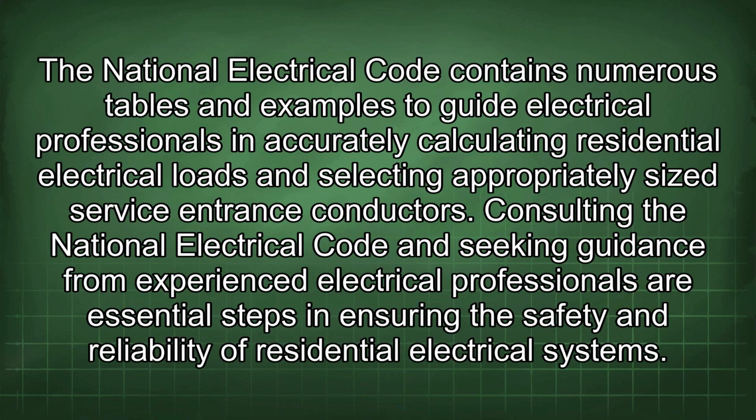The National Electrical Code contains numerous tables and examples to guide electrical professionals in accurately calculating residential electrical loads and selecting appropriately sized service entrance conductors. Consulting the National Electrical Code and seeking guidance from experienced electrical professionals are essential steps in ensuring the safety and reliability of residential electrical systems.